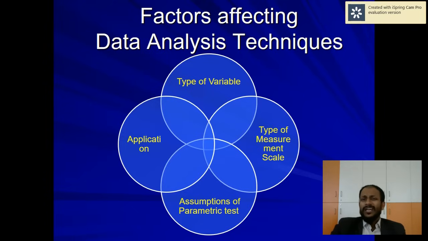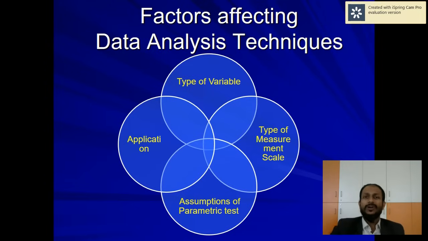When it comes to the right data analysis technique, it is affected by four important things. First, what kind of variable have I identified? Is it an independent variable, a dependent variable, a mediating variable, or a moderating variable? We have to check that. Number two is what type of measurement scale I have: nominal, ordinal, ratio, or interval.